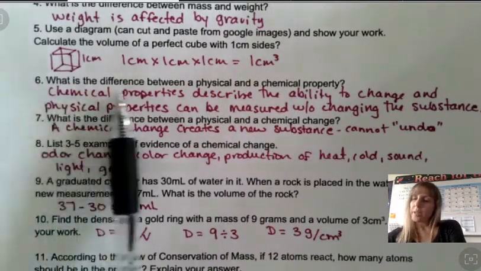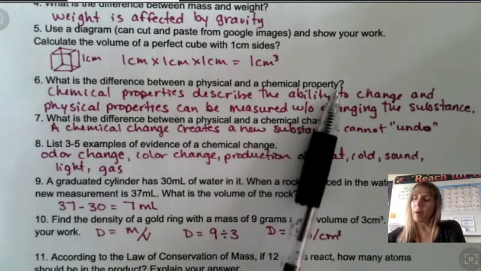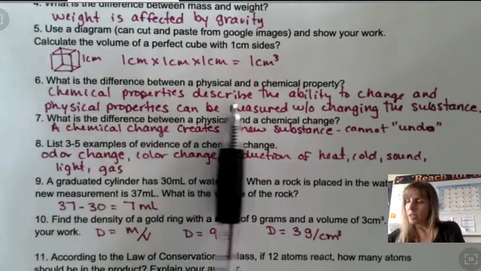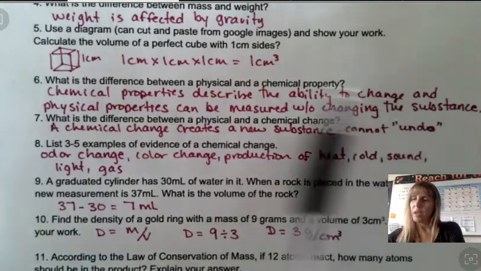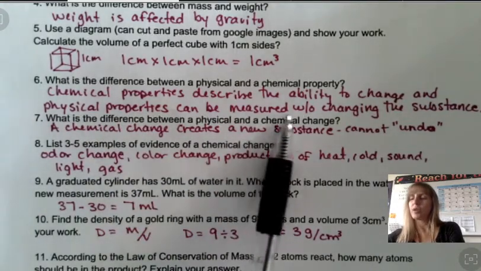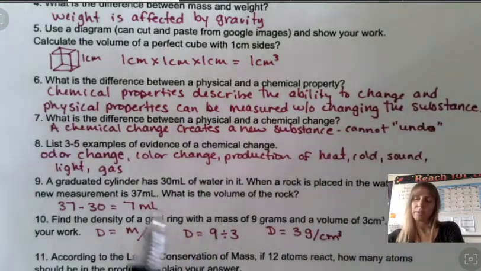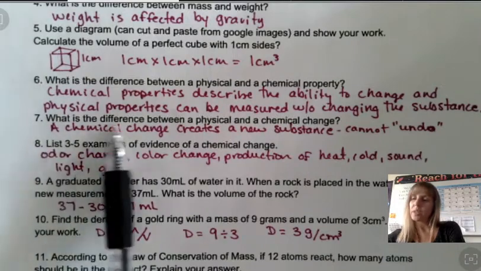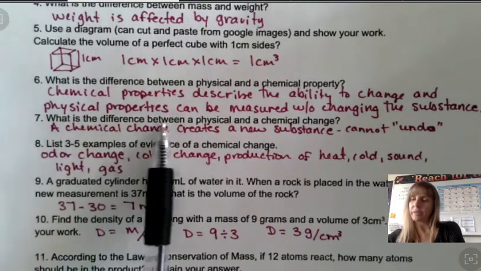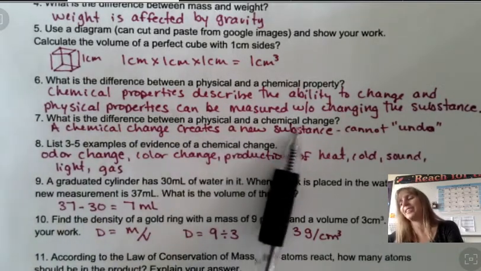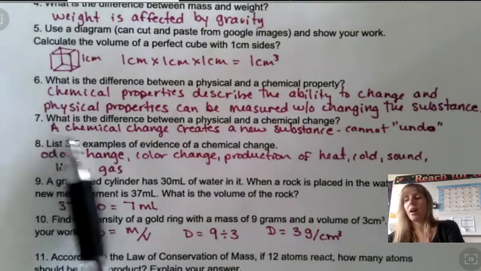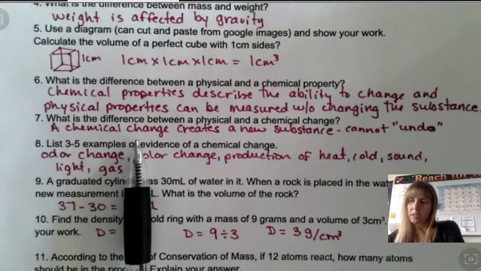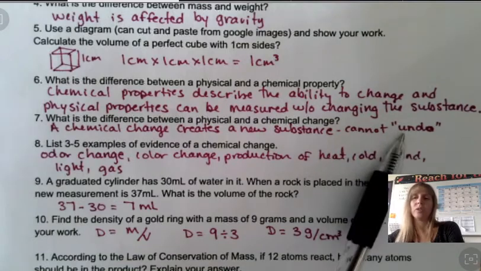Number 6, what is the difference between a physical and chemical property? Chemical properties describe the ability to change, and physical properties can be measured without changing the substance. Number 7, what is the difference between a physical and chemical change? A chemical change creates a new substance, and you can't undo a chemical change.